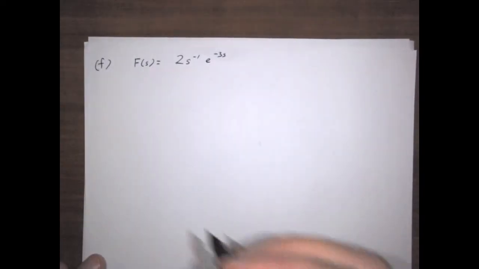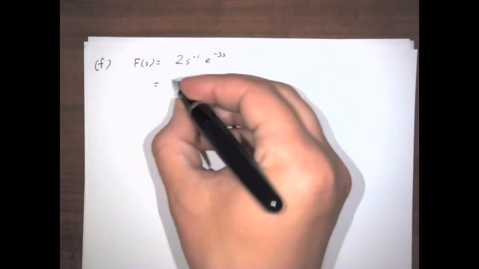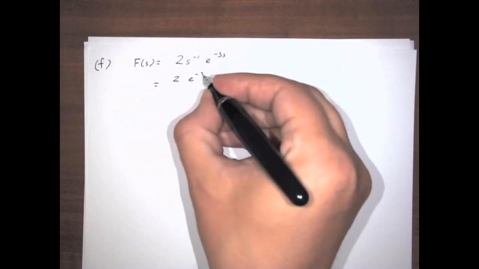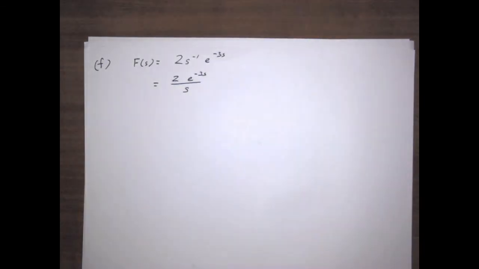Alright, well, when we look at this, we don't see any s's anywhere besides denominators, so we might as well rewrite this as 2 e to the negative 3s all over s, and then try to compare that with anything that matches the format here.